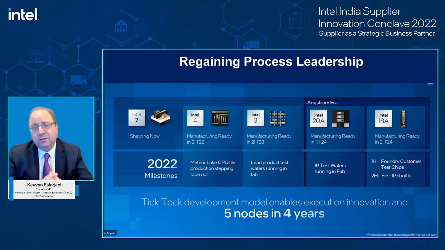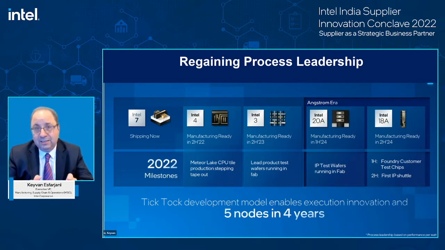Now, 4 or 5 years ago, we sort of went into a path where we now have to regain our leadership, and that's why we announced 5 nodes in 4 years. And hear it from me that 5 nodes in 4 years is on track and in fact ahead, which is very, very exciting. On the left, you see our key process technology. That's Intel 7.